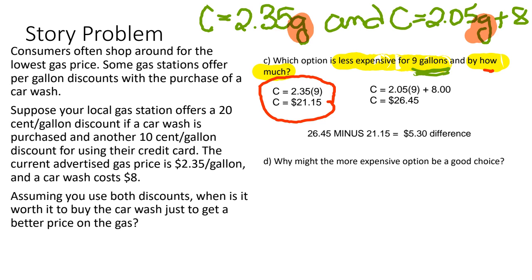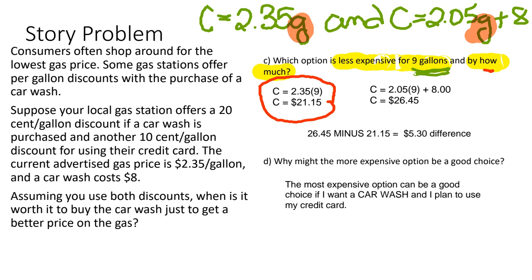The least expensive has no car wash, but why would the more expensive be a choice? I need the car wash, or I want it. And also another option is, I'm going to use a credit card. I don't have cash. So these are sentence answers for D. Now, we have a couple more slides, and let's take a look.